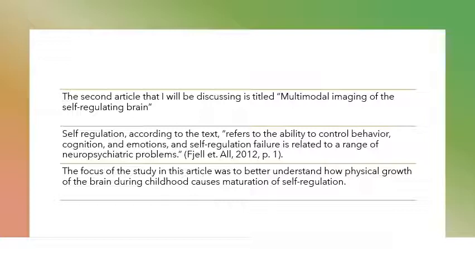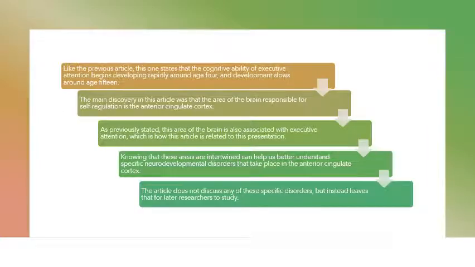The focus of the study in this article was to better understand how physical growth of the brain during childhood causes maturation of self-regulation. Like the previous article, this one states that the cognitive ability of executive attention begins developing rapidly around age 4 and development slows around age 15.